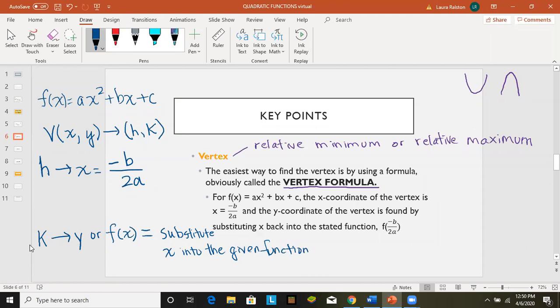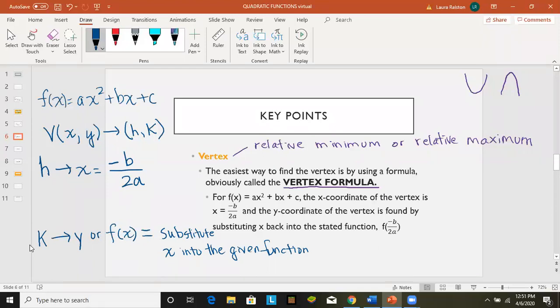And we're going to do this in a minute together with some numbers. But you need to know the vertex, because again, that's going to tell you where the graph bottoms out or where it tops out.